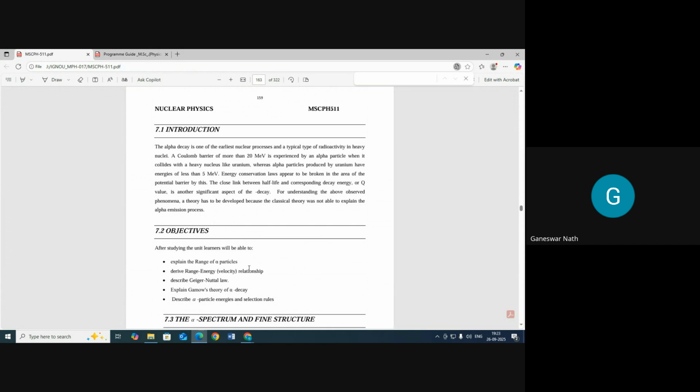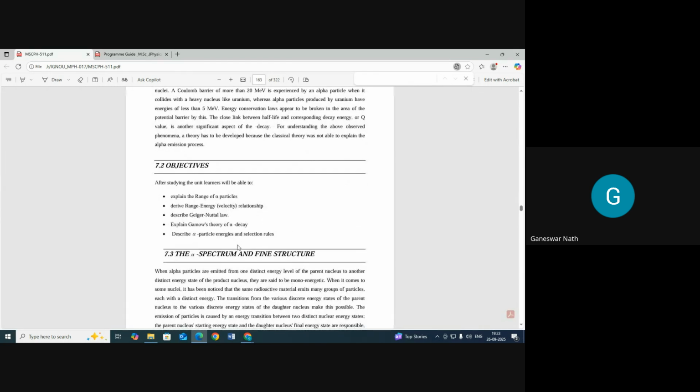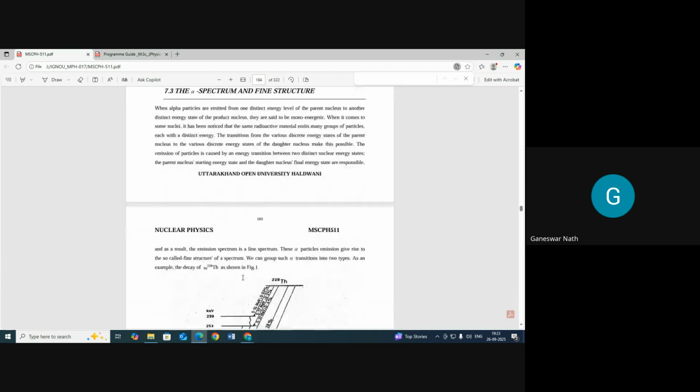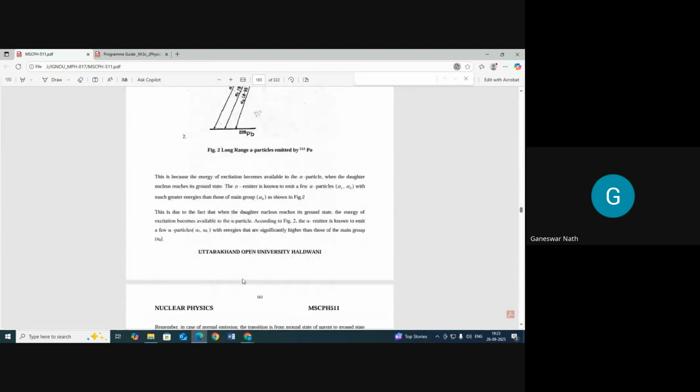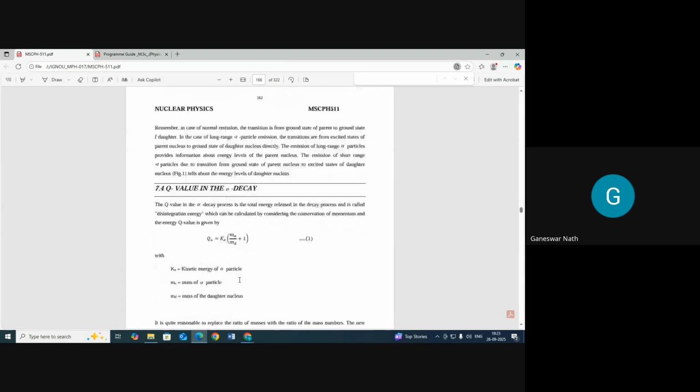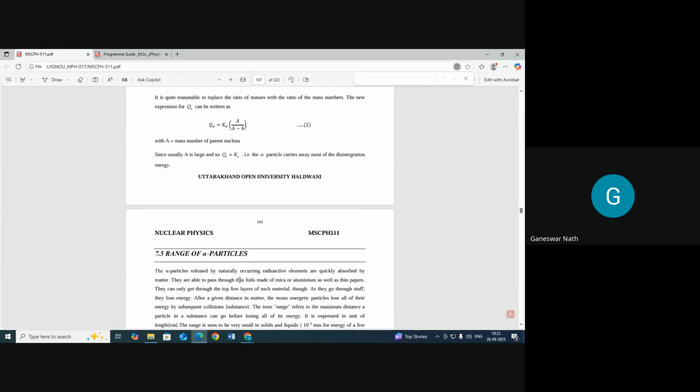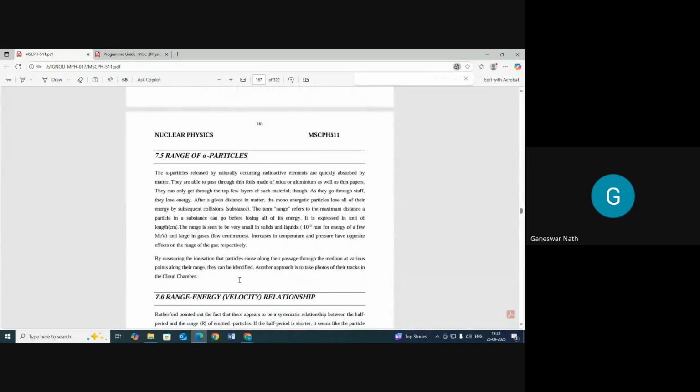The process of disintegration in which alpha particles are emitted from a radioactive nucleus is called alpha decay. In this context you have to read what alpha decay is and how it is created in a nuclear reaction, and that is called the range of the alpha particle.